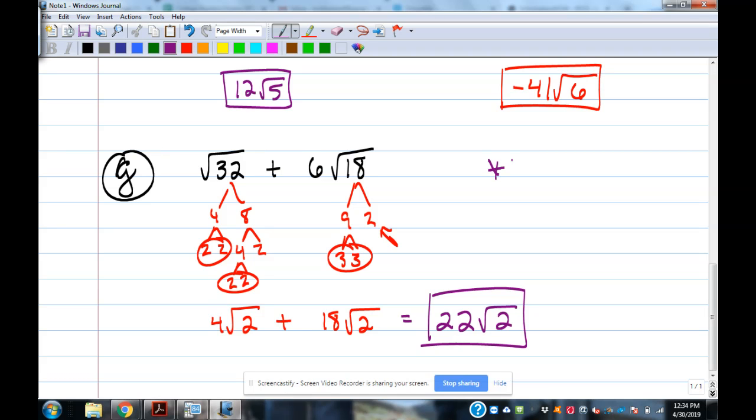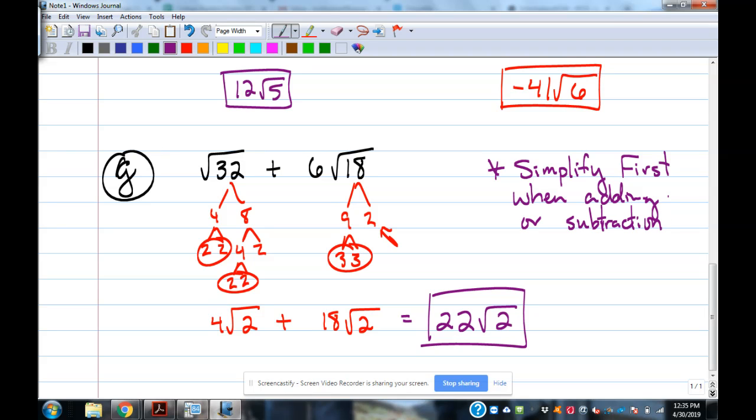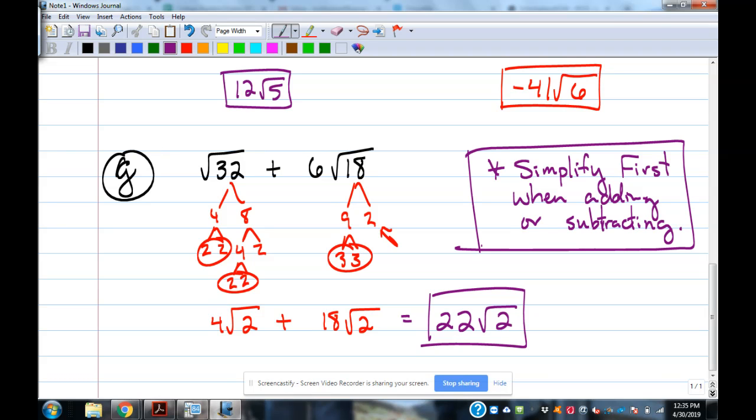Simplify first when you add and subtract.